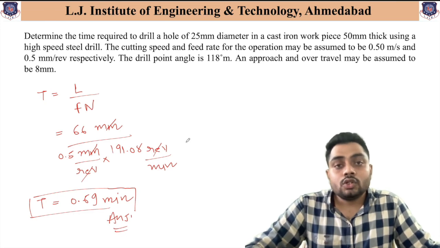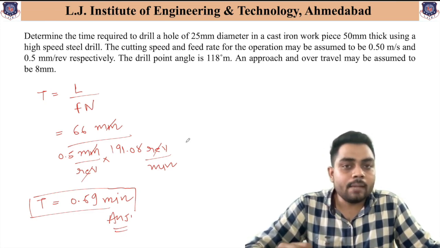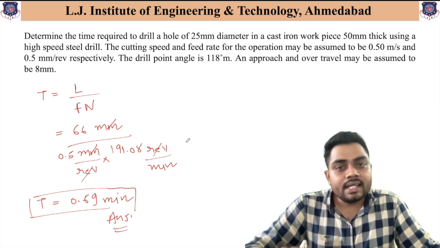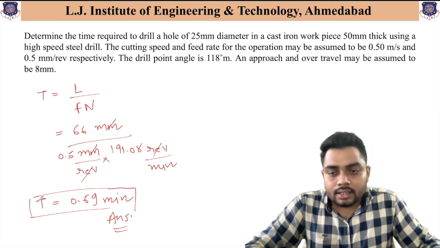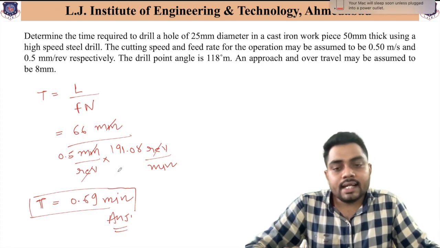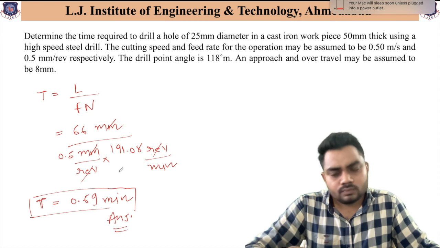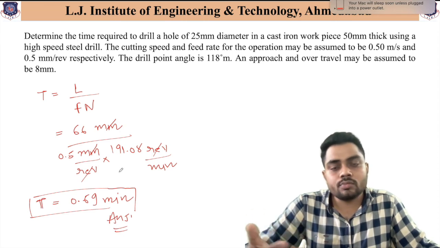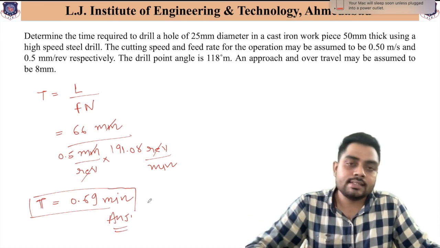That means to drill the hole having the depth 50 mm and the diameter 25 mm, this can be machined in the time that is 0.69 minute. And one can easily get the value in the form of seconds also by just multiplying this value by 60.